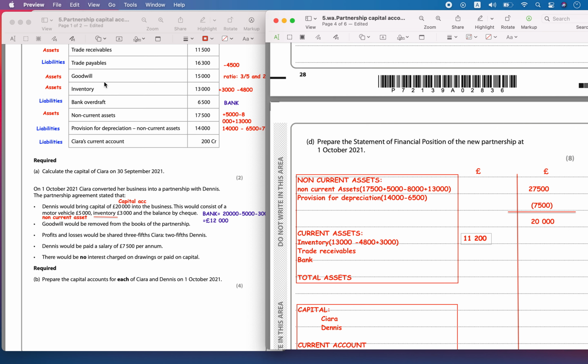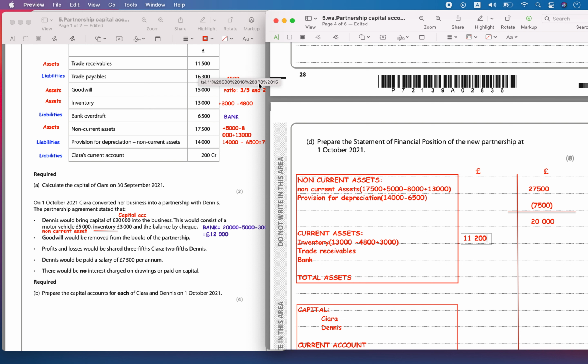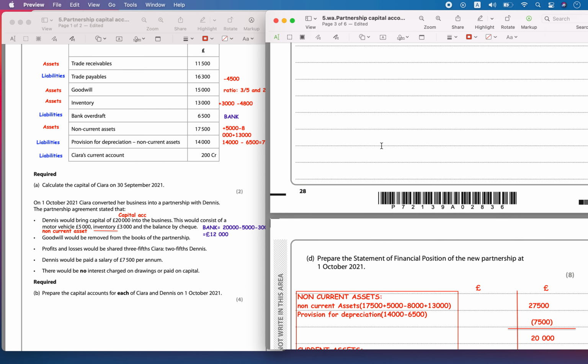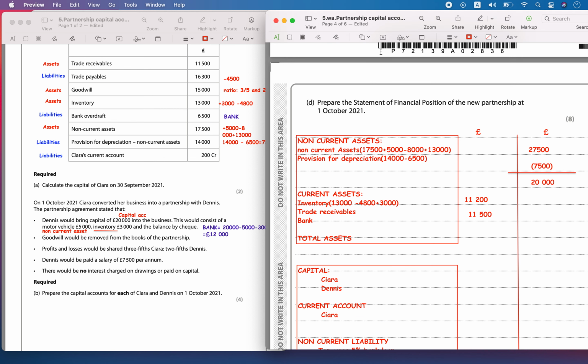Then trade receivables was at 11,500. There is no change with that information. Then the bank has become 10,300 after all these transactions. So let's write that, 10,300. Now let's add up all these values: 11,200 plus 11,500 plus 10,300.